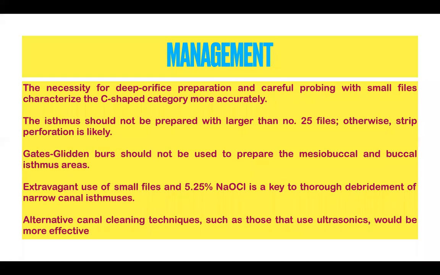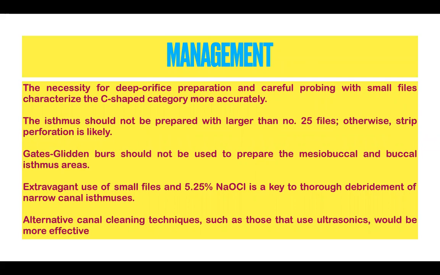Now coming to the management of C-shaped canal morphology, the necessity for deep orifice preparation and careful probing with small files characterize the C-shape category more accurately, because in most of the cases, the orifices are located below the level of CEJ, so it is very difficult to locate the canal.